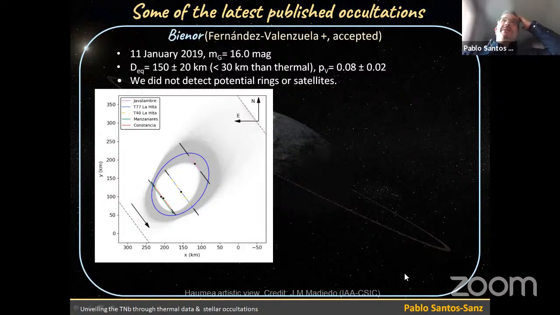The last published paper was the paper on the occultation by the Centaur Bienor. This paper was accepted last week. Well, the area-equivalent diameter we obtained is around 30 kilometers smaller than the thermal one. Well, this is weird. This is the fit.